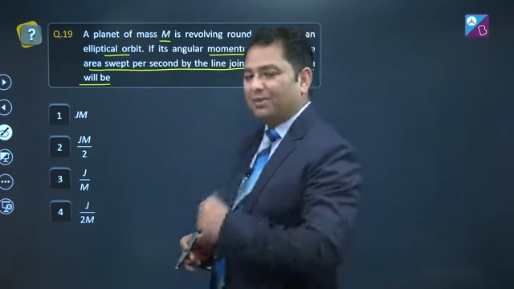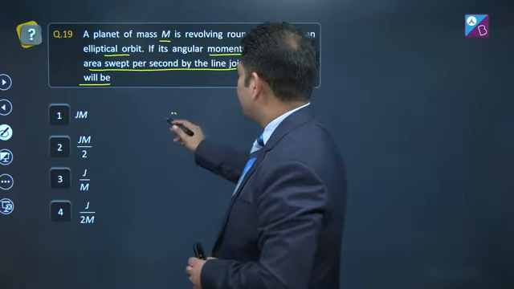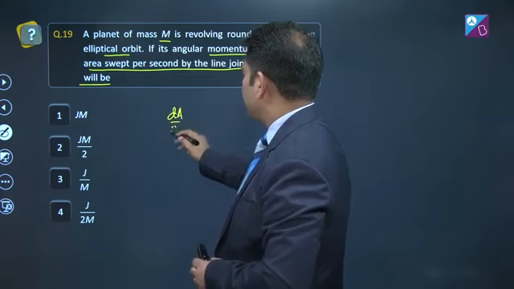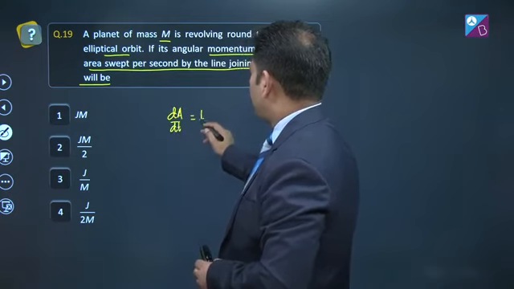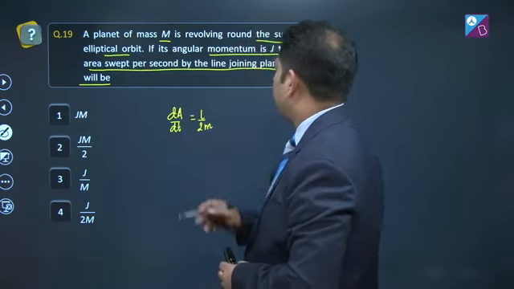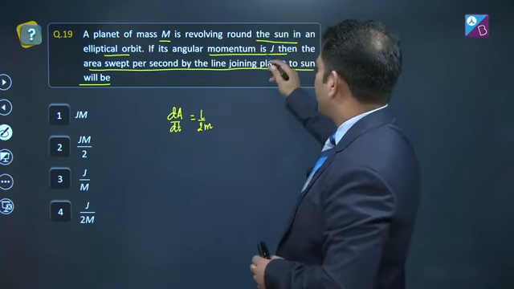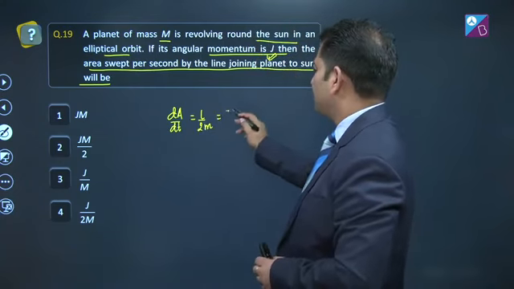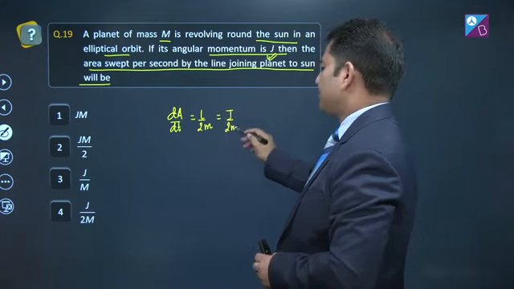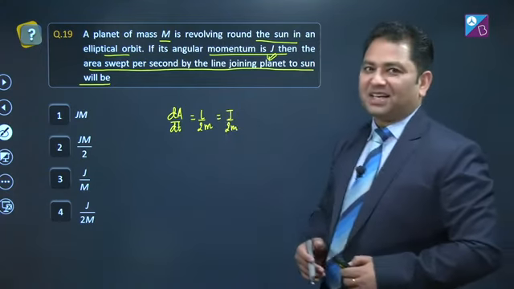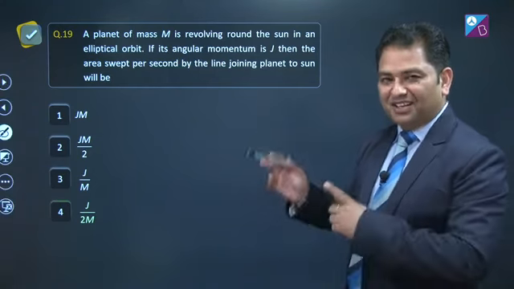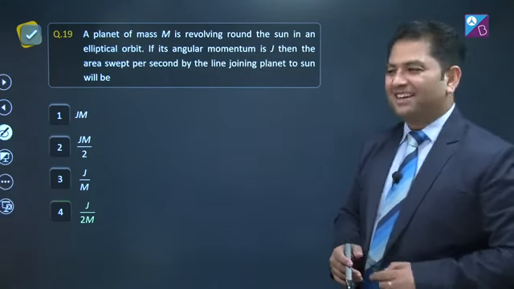See, that's a very important relationship, you should know it. dA by dt is L by 2m, where L is the angular momentum. It's just that here the angular momentum is represented by J. So you just write it as J by 2m. That means tick option number 4. This expression is quite important, okay?